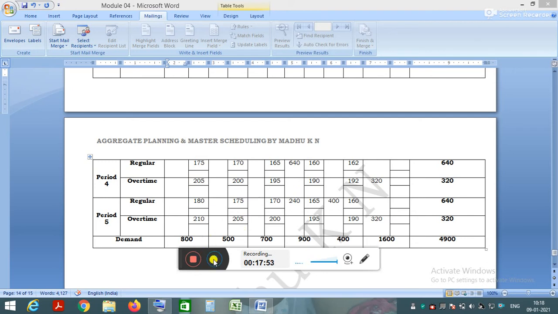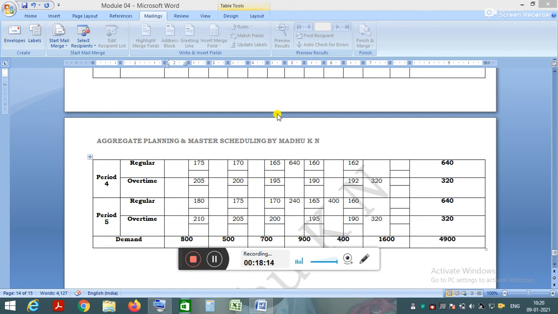You can see in the fourth period the demand is 900. Regular time cost is less than overtime cost, therefore we produce all the 640 products, which is the maximum capacity of regular time, at a cost of 160.